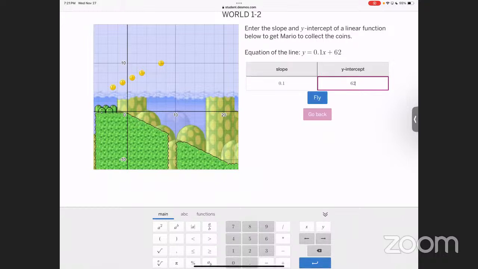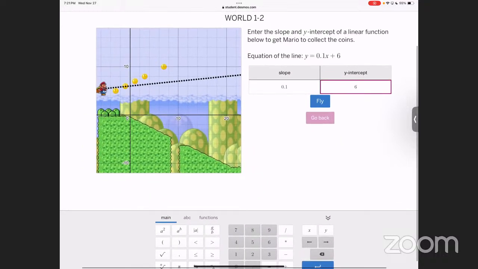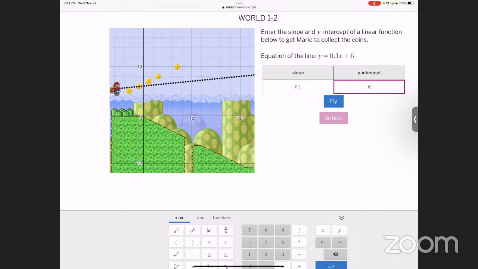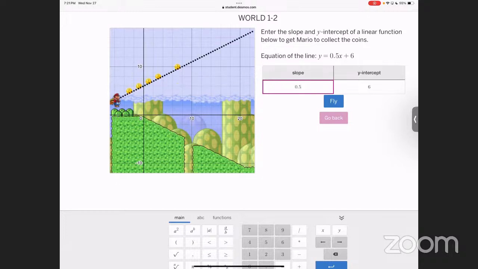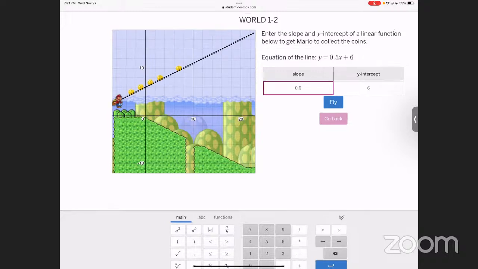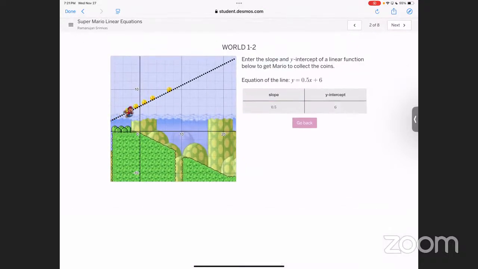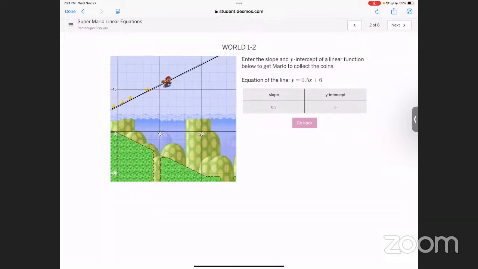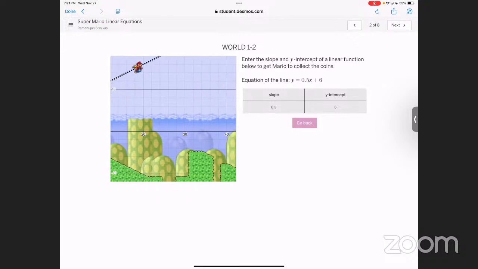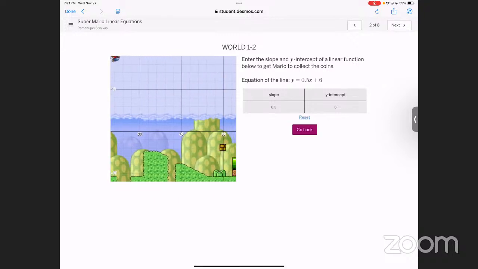The slope is, say, how many points I need to go back. One half. Almost there. I got those.